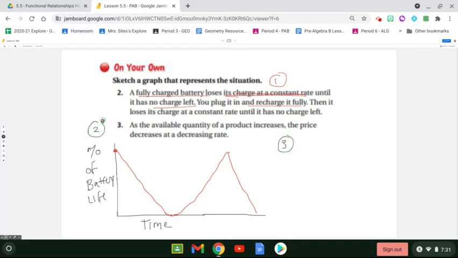Okay, as the available quantity of a product increases, the price decreases at a decreasing rate. So we have price and availability. Okay, the key phrase on this one is decreases at a decreasing rate.